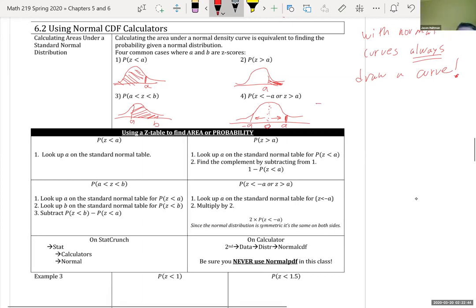So this is equal to 2 times the probability that Z goes from 0 to A, because of the way that the normal distribution is symmetric.